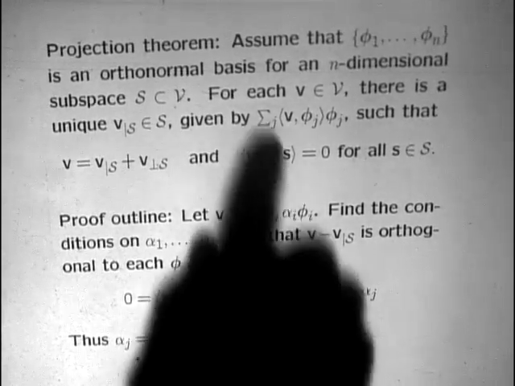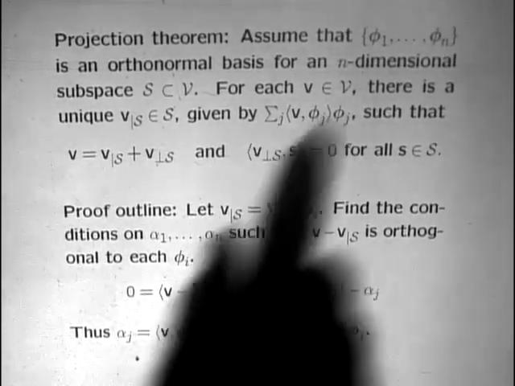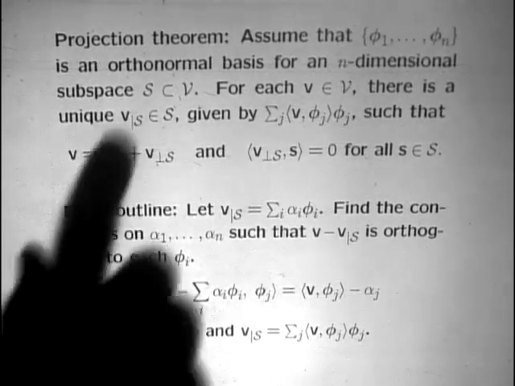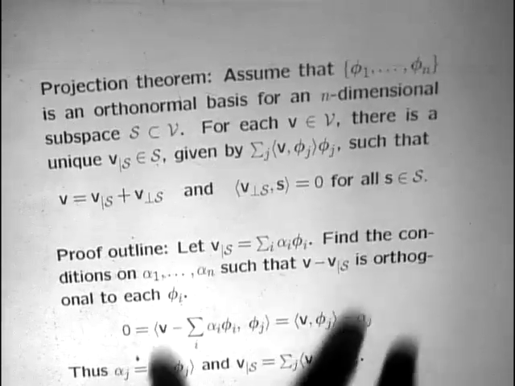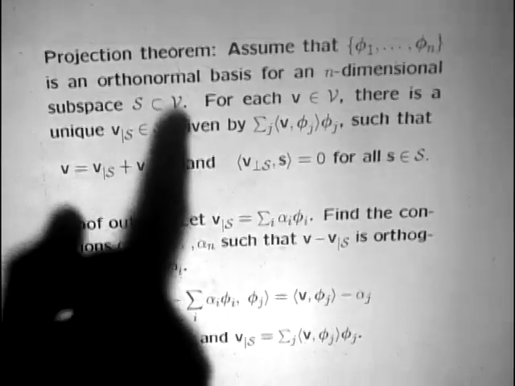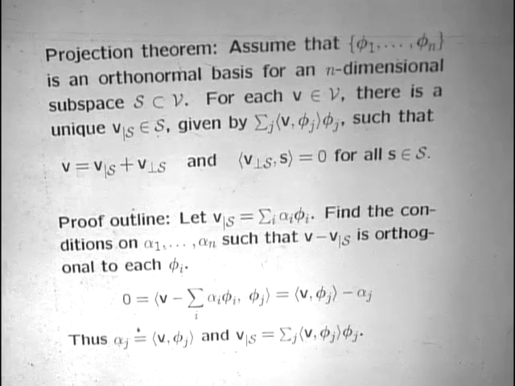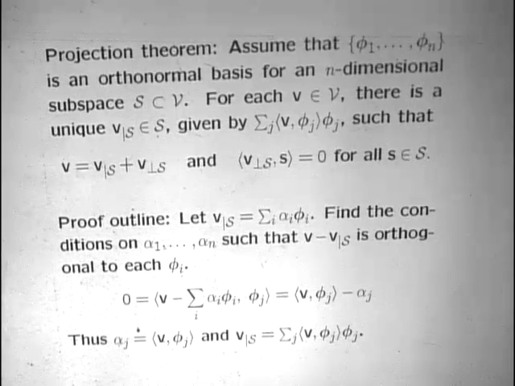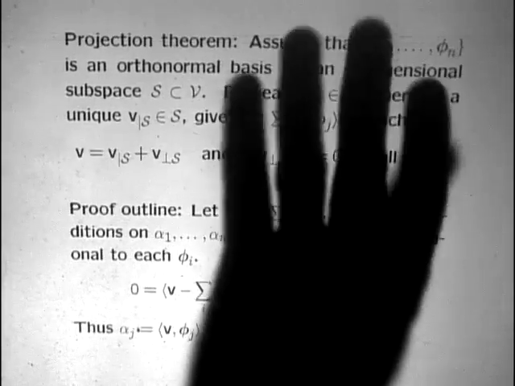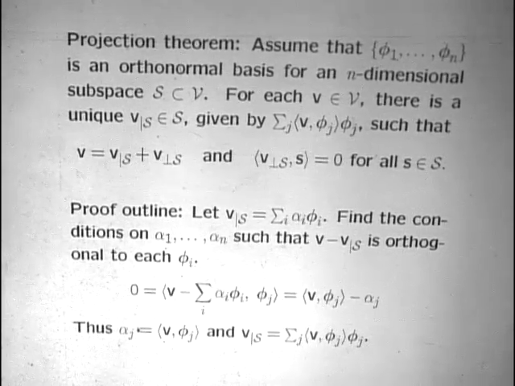Okay, so I'm going to assume that phi 1 to phi sub n is an orthonormal basis for an n-dimensional subspace S, which is a subspace of V. How do I know there is such an orthonormal basis? Well, I don't know that yet, and I'm going to come back to that later. But for the time being, I'm just going to assume that as part of the theorem.